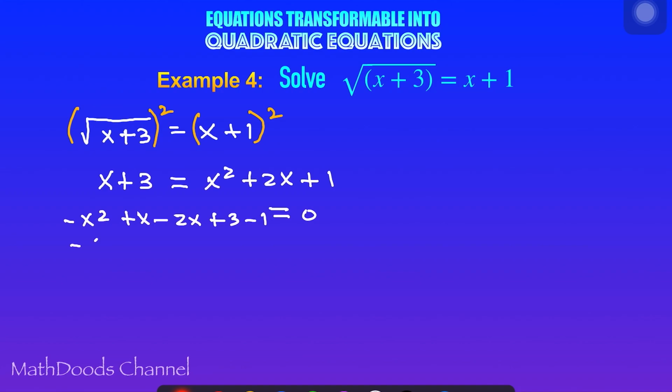Negative x squared minus x plus 2 equals 0. Gawing general form, x squared plus x minus 2 equals 0. Ayan. Ito na yung quadratic equation.